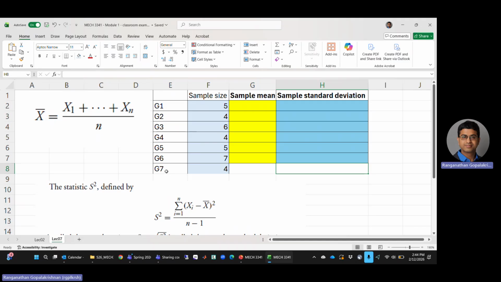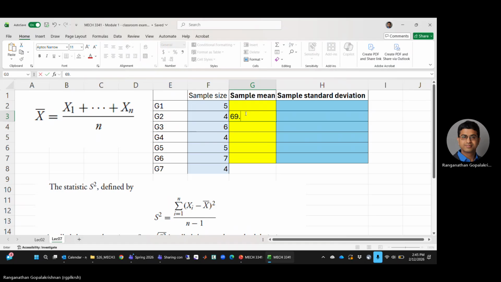Let's compute and tell. Meaning 69.5, to 2 decimal points. 69.50.